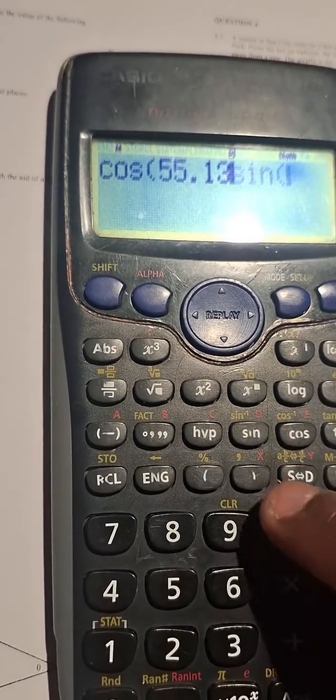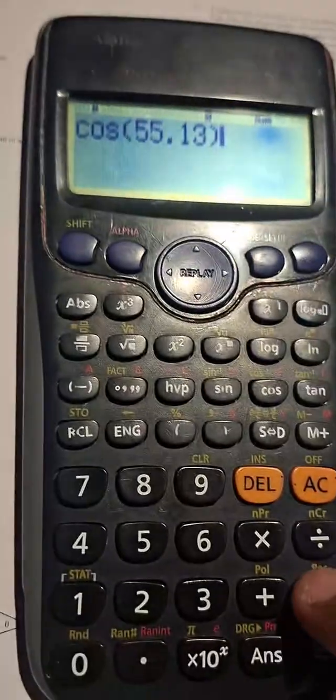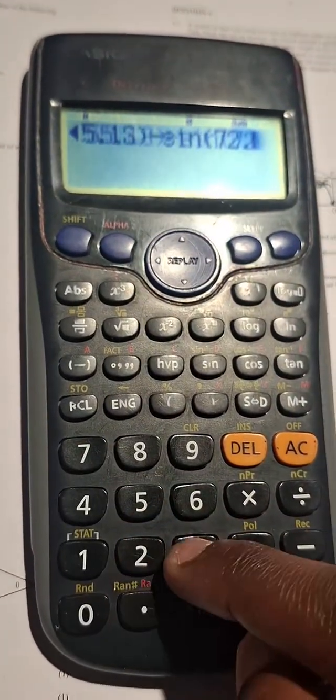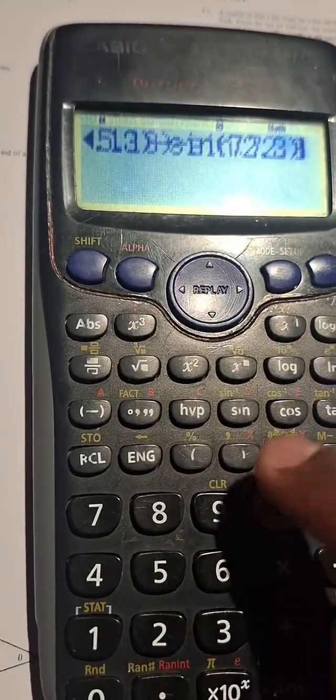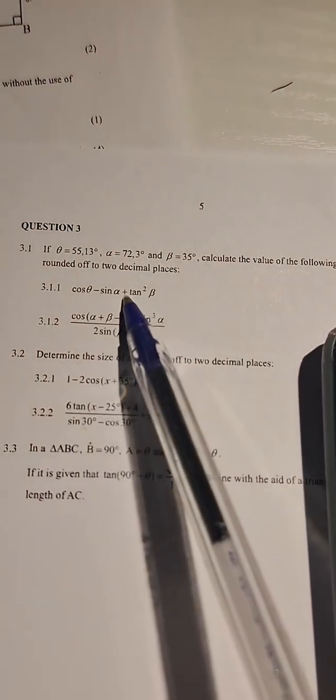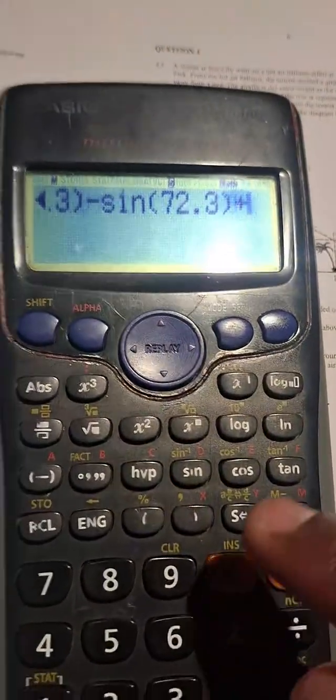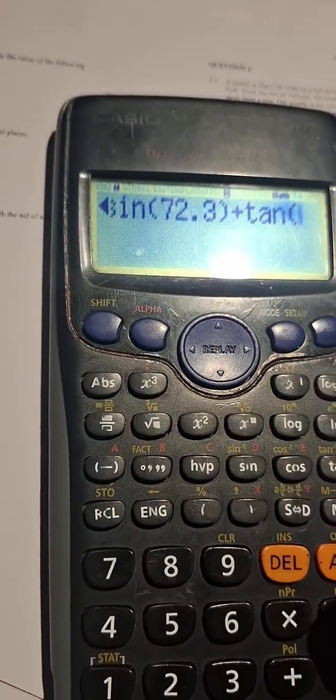Okay, we close that bracket, followed by what? Minus sine. Now sine, what's alpha? Alpha is 72,3. Okay, then plus tan squared beta, plus tan.